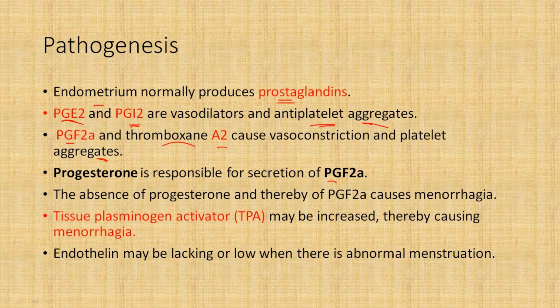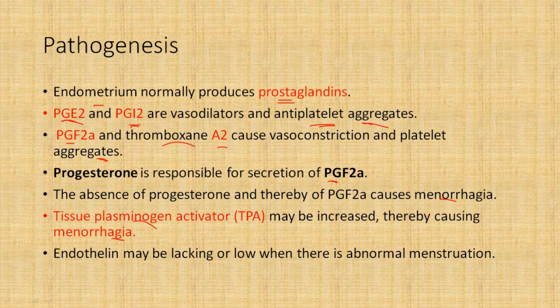Progesterone is responsible for secretion of prostaglandin F2A. The absence of progesterone, and thereby of prostaglandin F2A, causes menorrhagia. Tissue plasminogen activator may be increased, thereby causing menorrhagia as well. Endothelin may be lacking or low when there is abnormal menstruation.